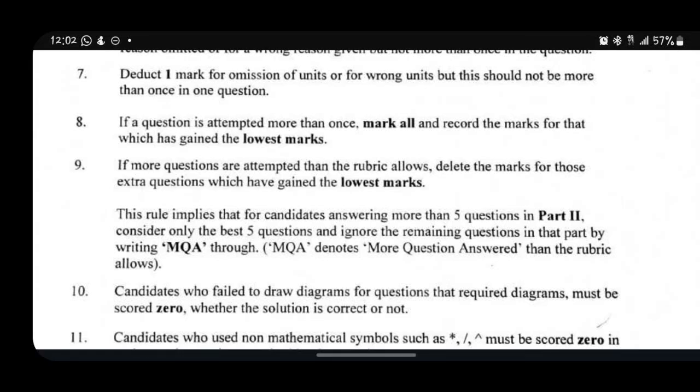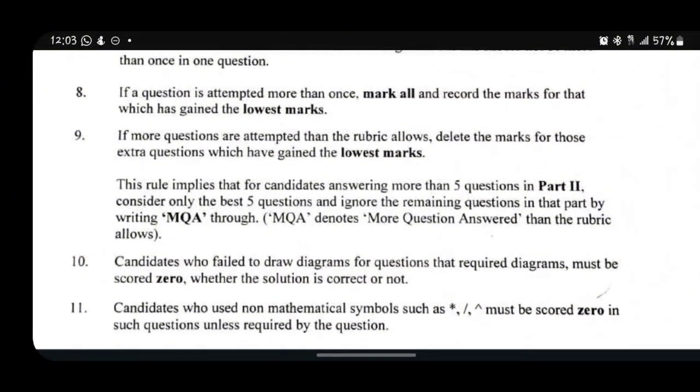So let's say for mathematics we are to answer 5 questions from the first part, 5 questions from the second part. If the student answered 11 questions, all the questions will be marked, but the one with the lowest mark will be removed from the number of questions. So that is how it is.